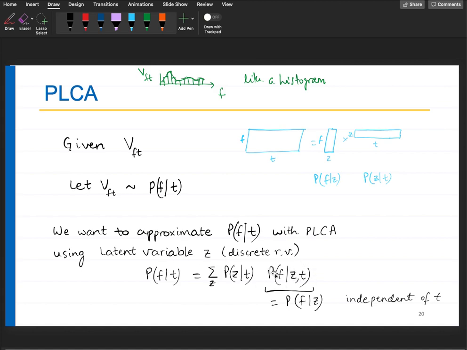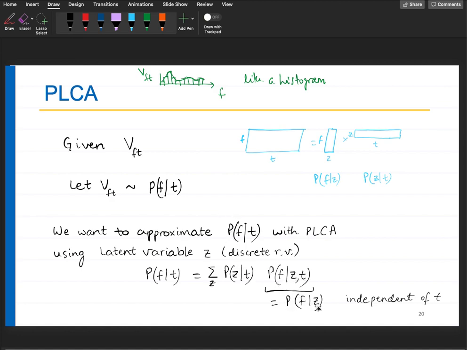You have P(F|T), the underlying distribution, and you introduce a latent variable Z and marginalize over Z. You construct a joint distribution P(F,Z|T) and marginalize over Z, right? Am I making sense? Please raise your hand if you don't understand anything. So you are marginalizing over Z, and you can open it up: P(Z|T) P(F|Z,T). The joint distribution can be written as a conditional distribution.